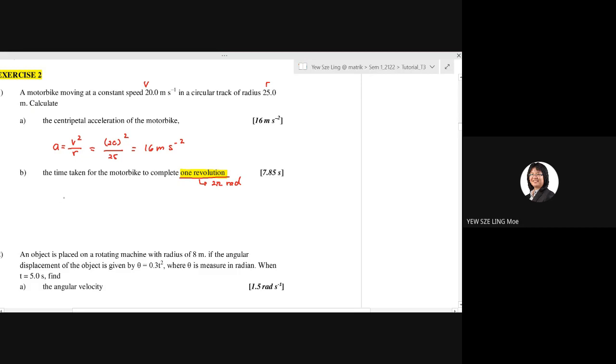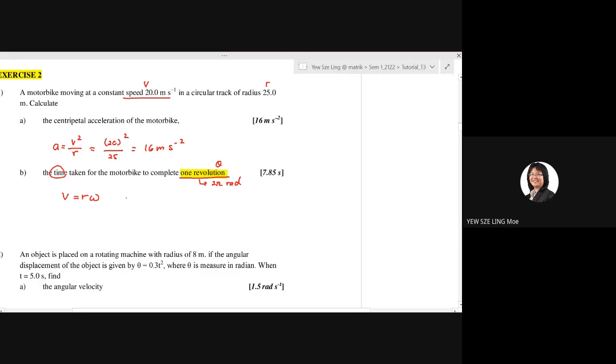So now what are we going to do? We have a speed and we want to calculate time. If you look at the question, it gives you theta. Now, how are we going to link them together? Again, when you have v, most of the time you're going to use v equals r omega. And then from omega, we can insert theta. Of course, when you insert omega equals theta over T, you can then find the time.